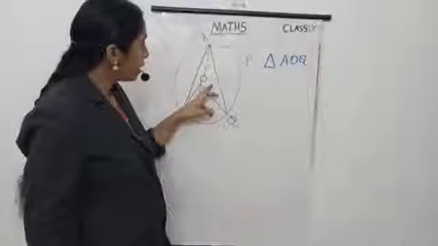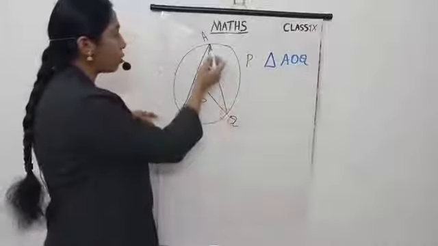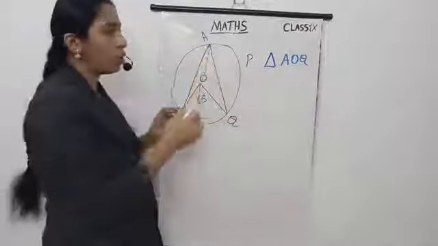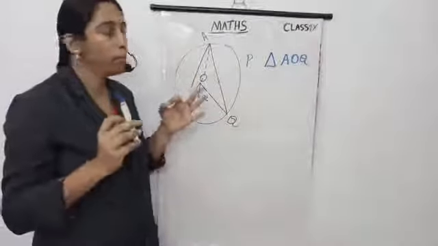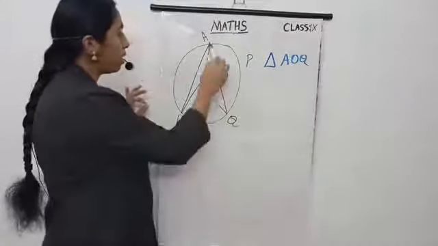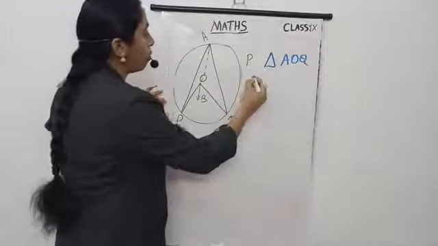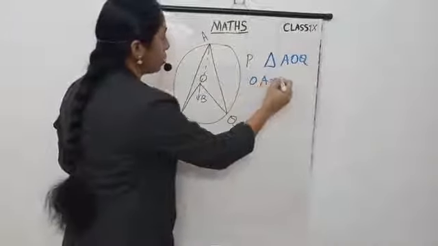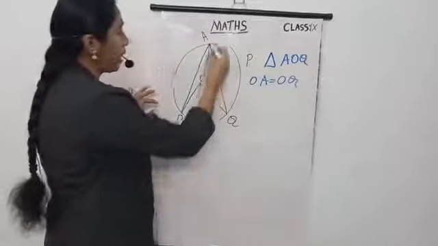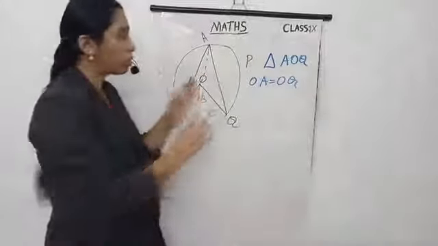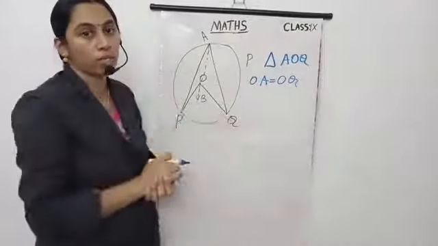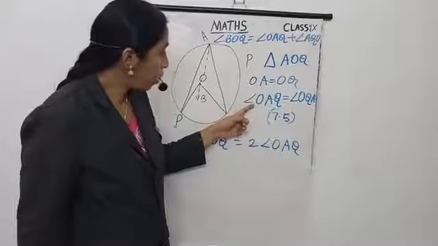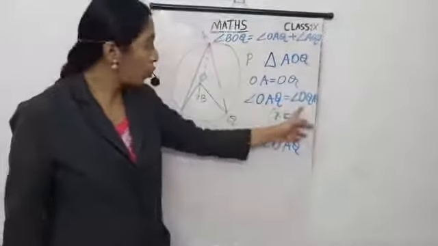Now consider this triangle AOQ. All three figures have the same name. Consider AOQ. Here OA is equal to OQ because both are radii of the same circle. So angle OAQ equals angle OQA.